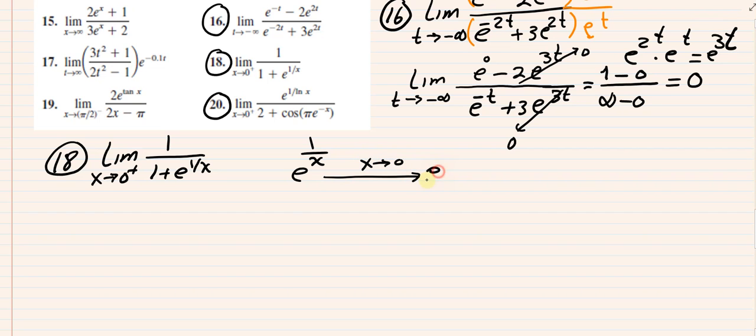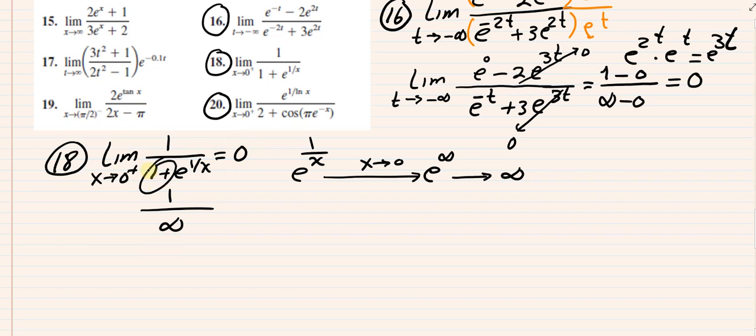Well, that's like 1 over 0, so it's e to a very large number, right? So this approaches infinity, and the fraction is going to be 1 over infinity. The limit approaches 0 because the denominator gets very large.